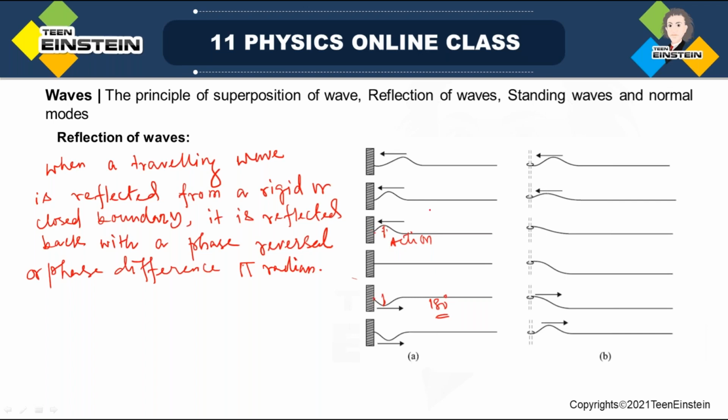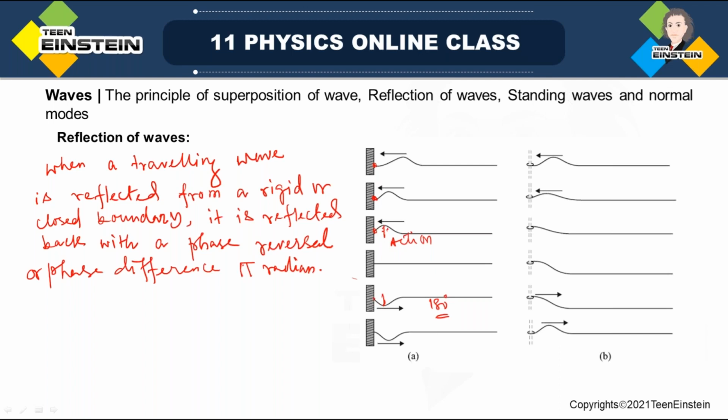I'll just repeat what I said. When the string is fastened rigidly to a fixed wall or fixed support, this point where the string is supported is not moving with the wave. That's why when this wave strikes the wall, it will produce a reaction according to Newton's third law.